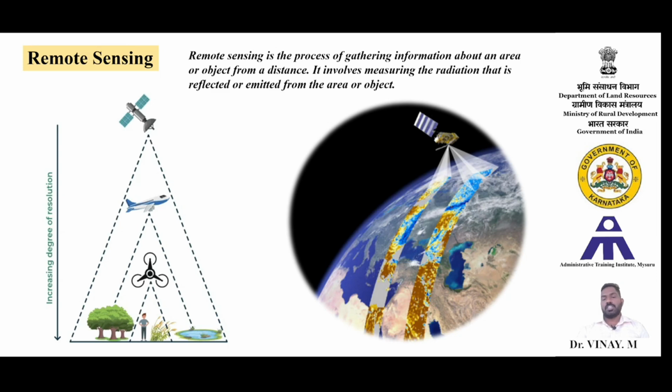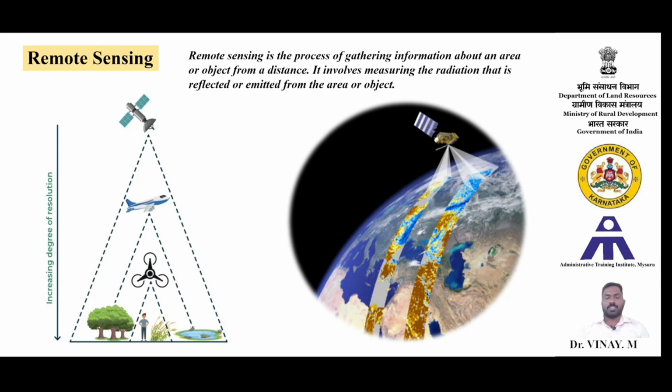If there is no illumination, no source of energy, then we cannot see anything. Likewise, through the help of illuminated energy from the sun, we are able to gather information about the earth through remote sensing satellites and the sensors mounted on the satellites. So these are all the examples.